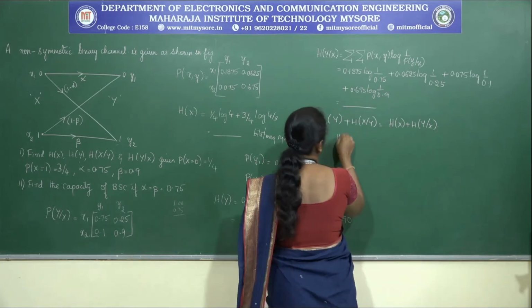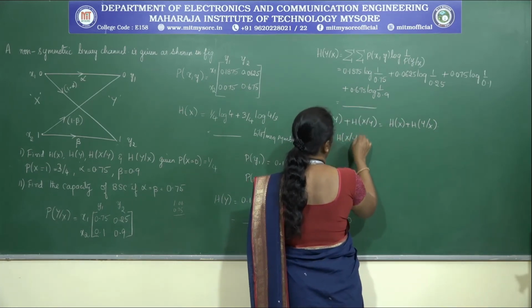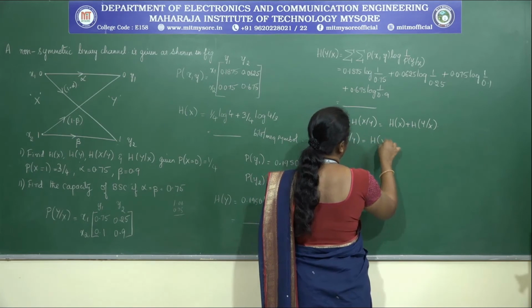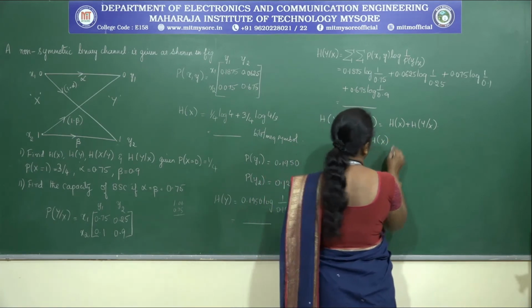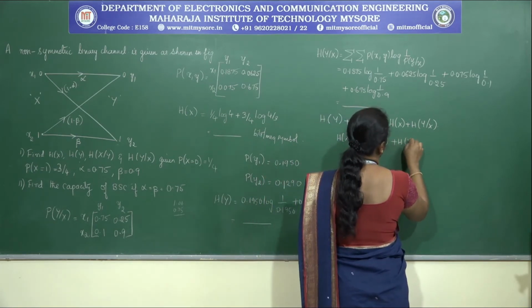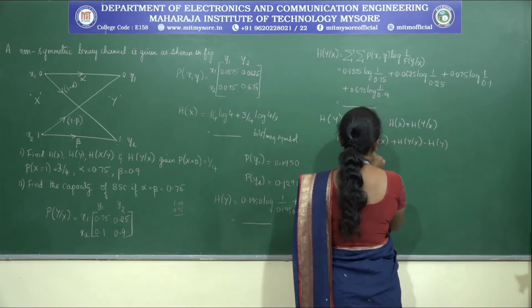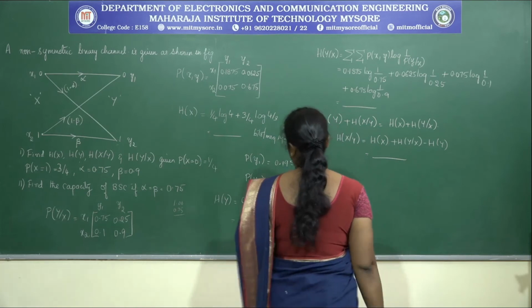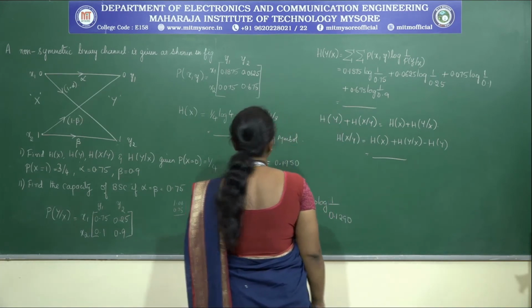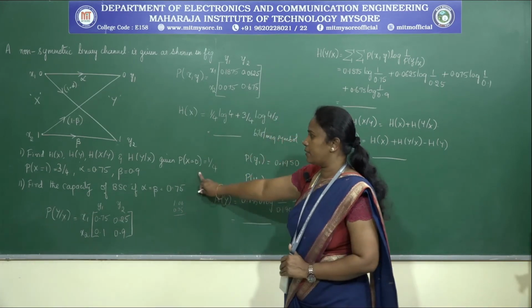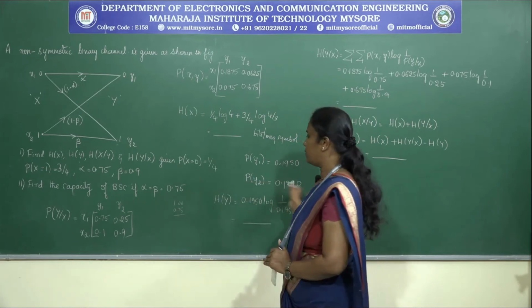So from this you can find h of x by y, that is h of x plus h of y by x minus h of y gives h of x by y. Okay. So this is related to your first sub question. We calculated all the values.